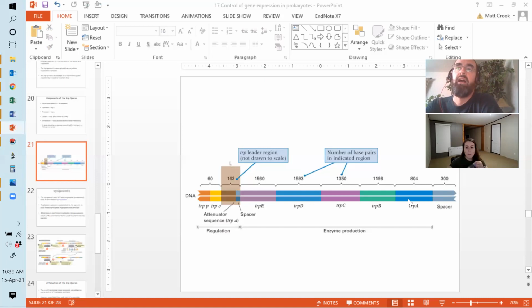You also have a terminator loop in here, but it's conditional. It will only form if tryptophan levels are high. So if tryptophan levels are high, this leader sequence gets translated. That allows the formation of a terminator loop, a hairpin loop. RNA polymerase gets kicked off.